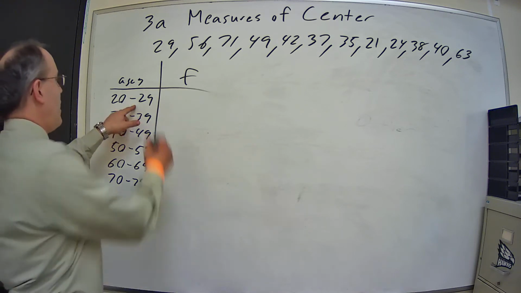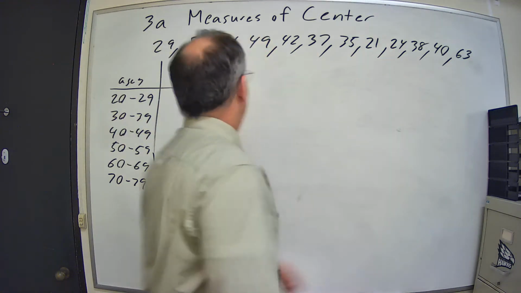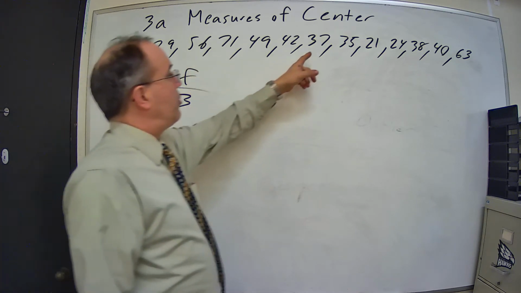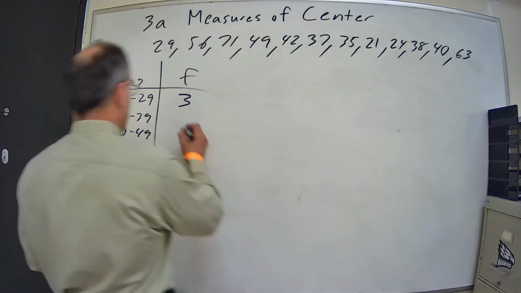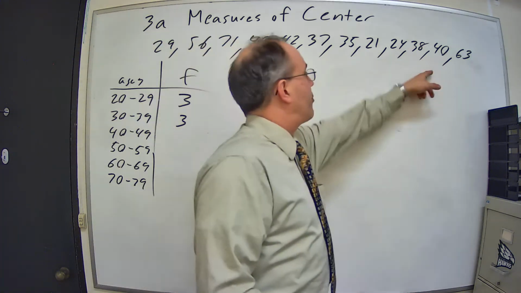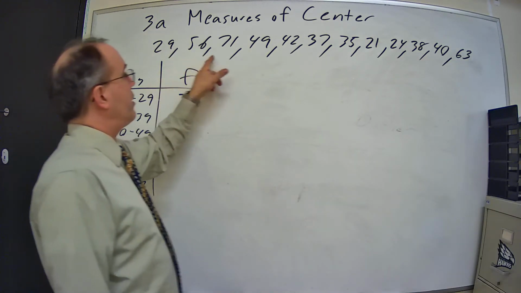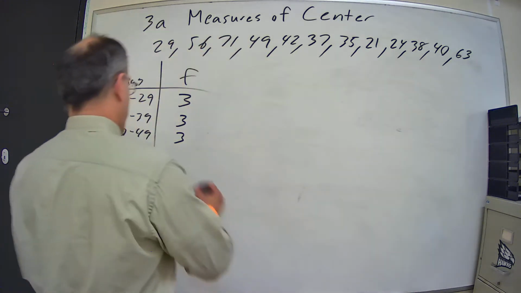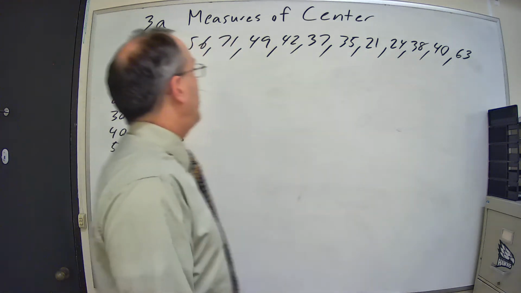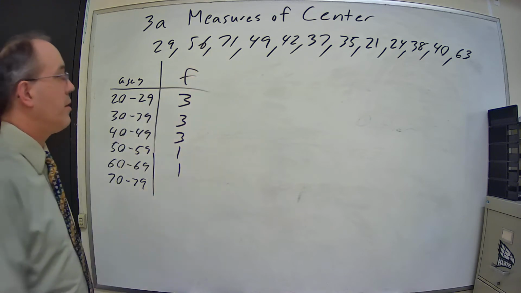From 20 to 29, we had 1, 2, 3 people in that age group. 30 through 39, 1, 2, 3. 40 to 49, 1, 2, 3, becoming common here. 50 to 59, looks like just 1 there. 60 to 69, 1. 70 to 79, 1.